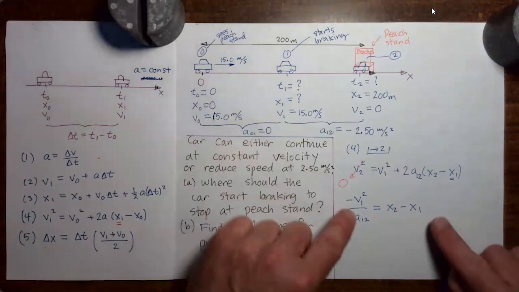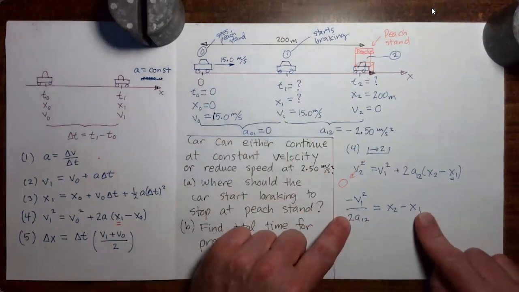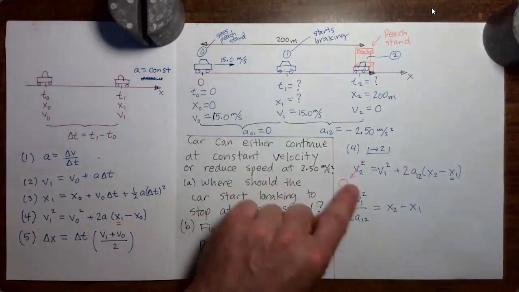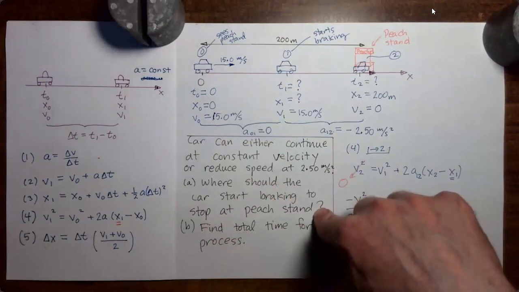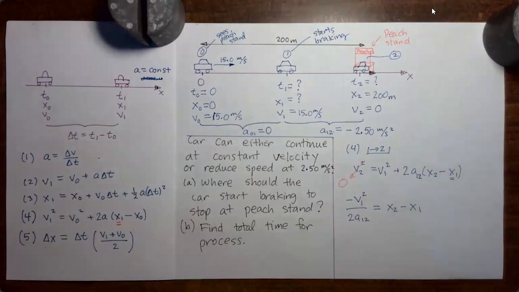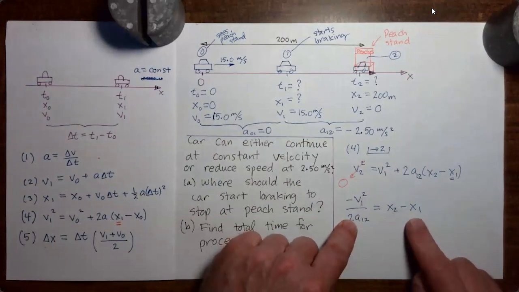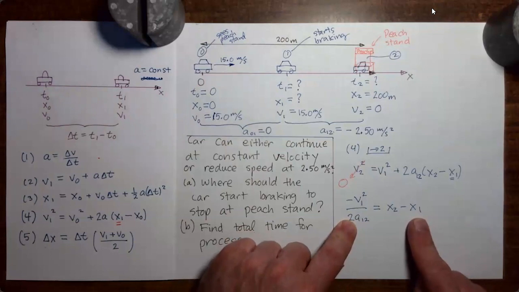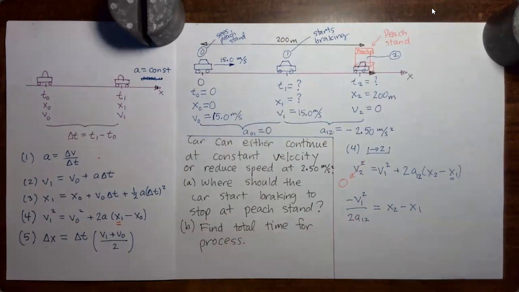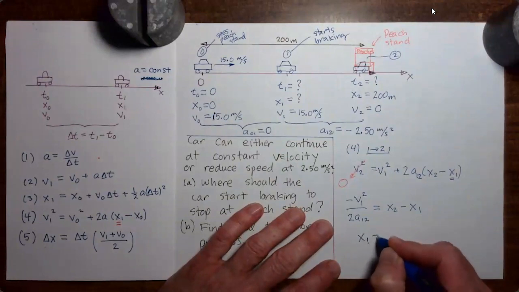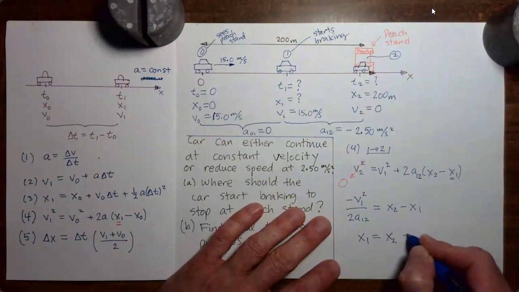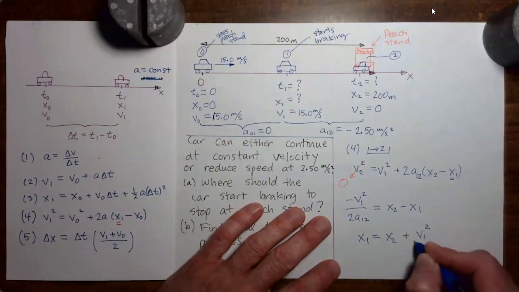Okay, now we're going to take the x1, move it to the left, take this whole business and move it to the right. So we're swapping those terms between the two sides. And since both of those terms start out with minus signs, then after we swap sides, both terms will end up with plus signs. So we get then x1 equals x2 plus v1 squared divided by 2a12.